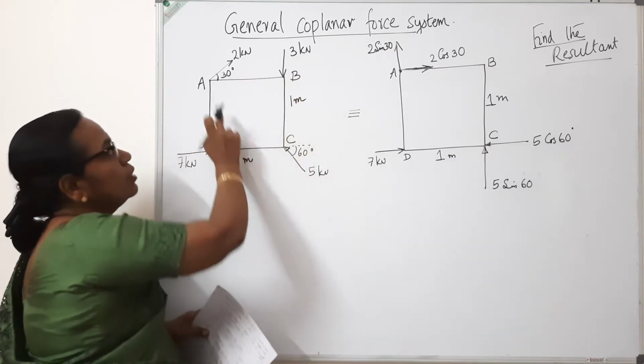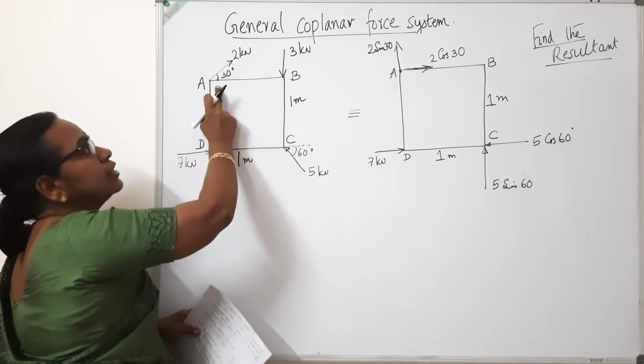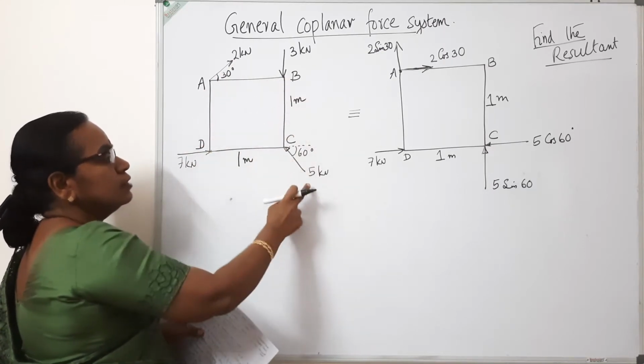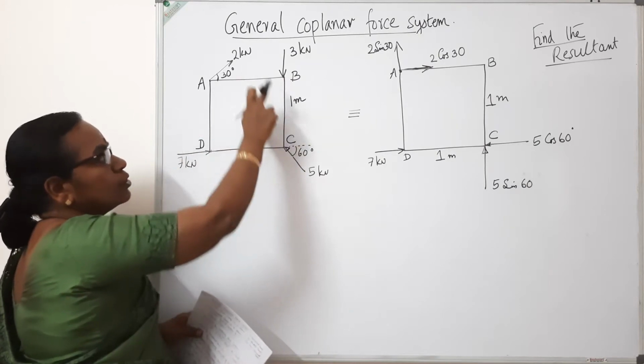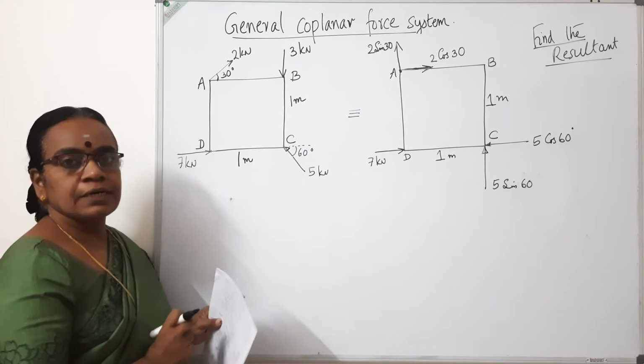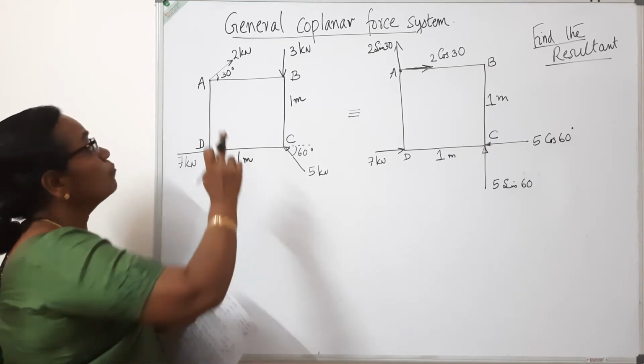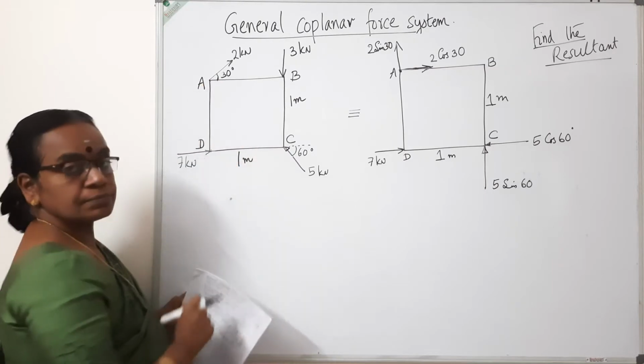The forces, 2 kilonewton at 30 degrees, 3, 5 and 7 kilonewton, are acting on the body as shown in the figure. We are asked to find the magnitude, direction and position of the resultant with respect to this point A.